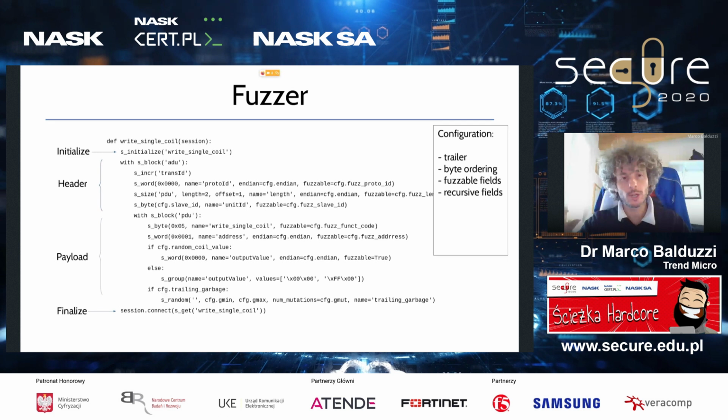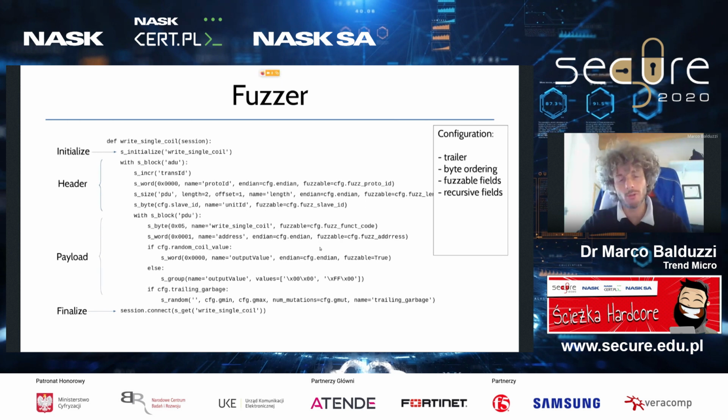For example, here on screen, this is for writing a single coil. If you want to change a bit on the PLC, you're going to send a write single coil request. You can see on your screen a header with the different header fields, a payload with the different payload fields, and so on. Here again, if you're curious about how this works, you can read the paper or just ask me.